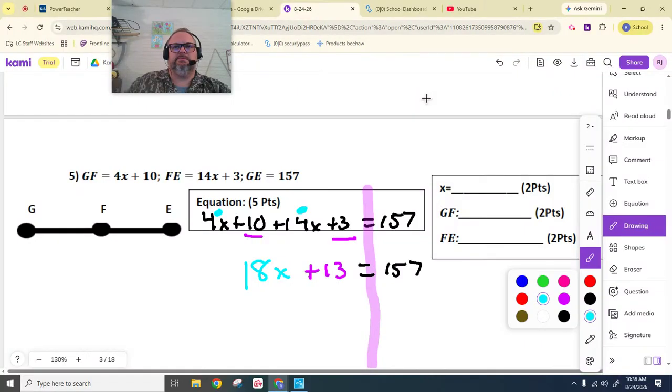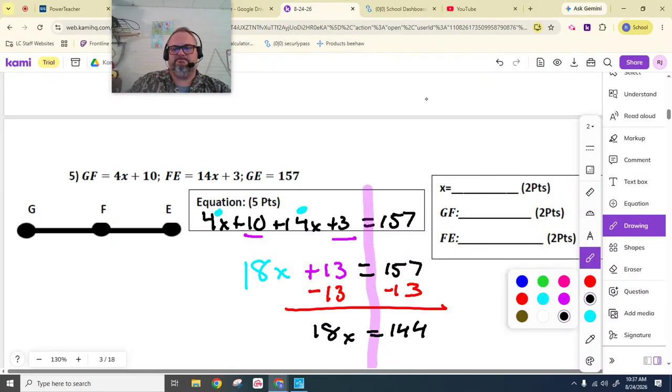Good. Oh, okay, I was confused. I think I said 18 and I wrote 28. That happens sometimes. Okay? All right. $144. 18. All right. So we should get 8 right here.